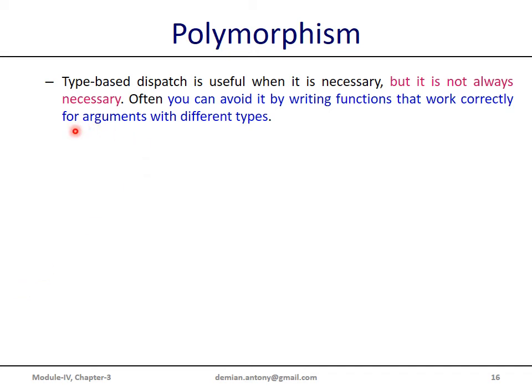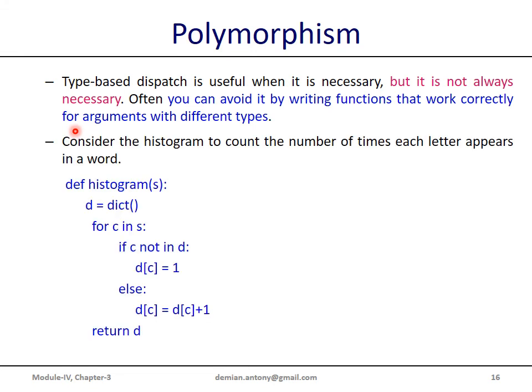The type based dispatch is useful when it is necessary, but it is not always necessary. That means it is not necessary that you have to use a type based dispatch. You can avoid this type based dispatch by writing a function that works on different types, and writing functions which work on multiple types is called polymorphic functions.